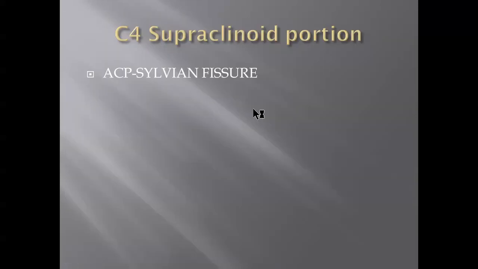Now we have the supraclinoid portion, which starts from the anterior clinoid process till the sylvian fissure, where it branches into two terminal branches, the anterior cerebral artery and the middle cerebral artery. So this is the supraclinoid portion, starting from the ACP till the sylvian fissure, where it terminates into ACA and MCA.